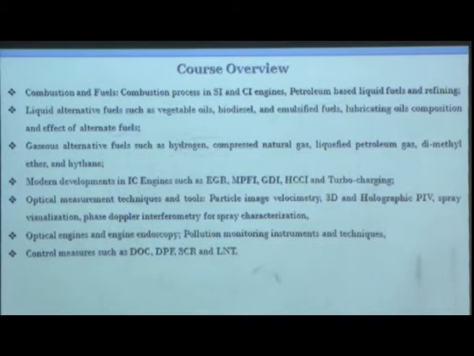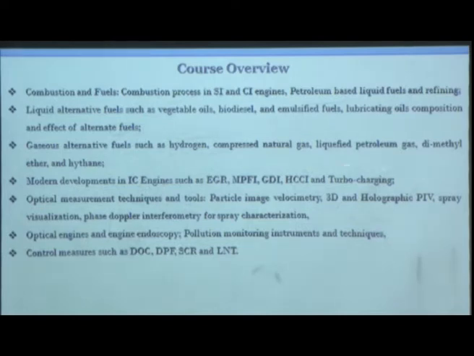It's called gasoline direct injection. We will also be looking at a futuristic technology which is not commercial anywhere in the world right now. It will come in future. This is HCCI, homogeneous charge compression ignition. Okay, and then we will be looking at turbocharging. So some of these things we will be looking at in great detail.